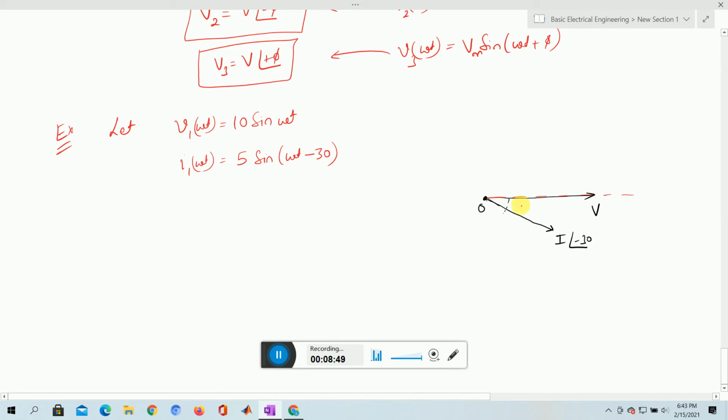So like that we can have a clear picture: if starting from this x-axis, the current is behind the voltage. If I draw the waveform of both, we can see the waveforms. If we have the voltage waveform in this dotted line, and then we can have the current waveform again. So let me draw a voltage waveform, and this is V1 of omega t.